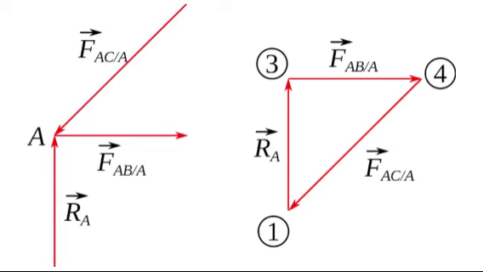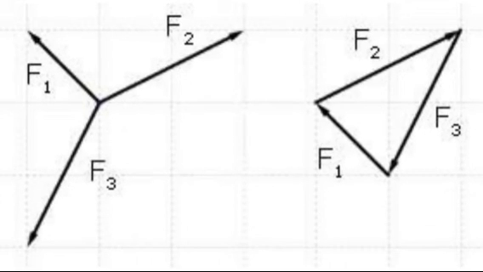As you can see here above, the directions do not change. We just rearrange them to form a triangle. So if the three forces acting at a point are in equilibrium, then they can be rearranged to form a triangle. This is another example of the triangle of forces, as you can see.